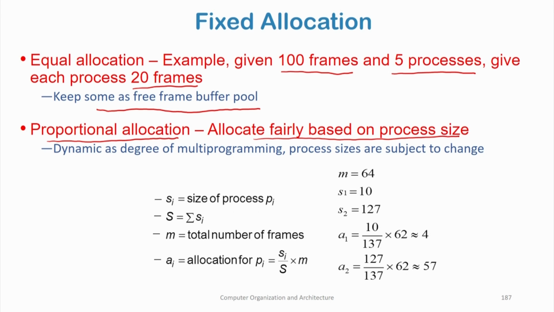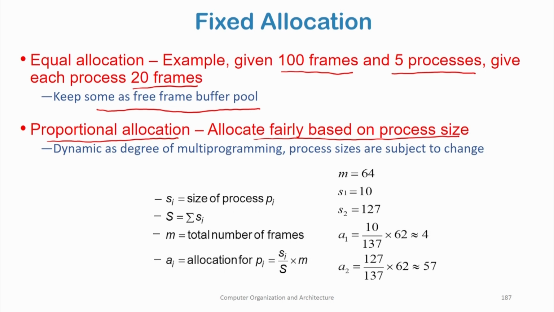The first one we looked at was fixed allocation, where all processes get frames depending on the degree of multiprogramming, that is, how many processes can co-execute together in the processor, and so that many processes need to be kept in main memory. When I know the degree of multiprogramming, I divide the frames equally among these processes irrespective of the characteristics of each process.